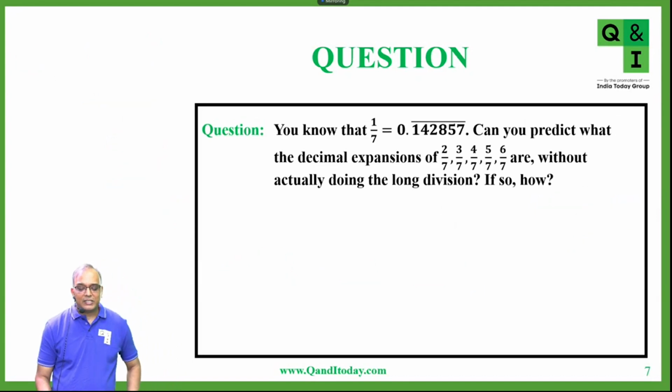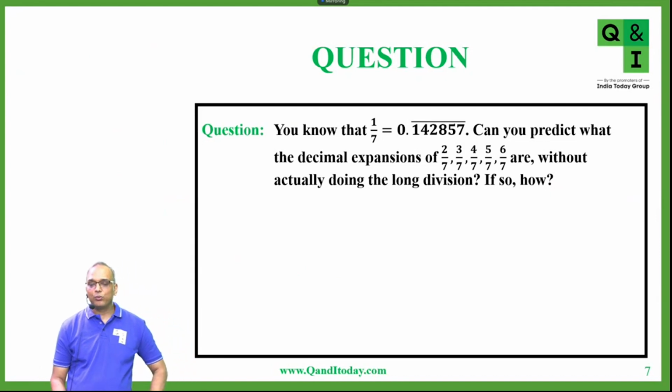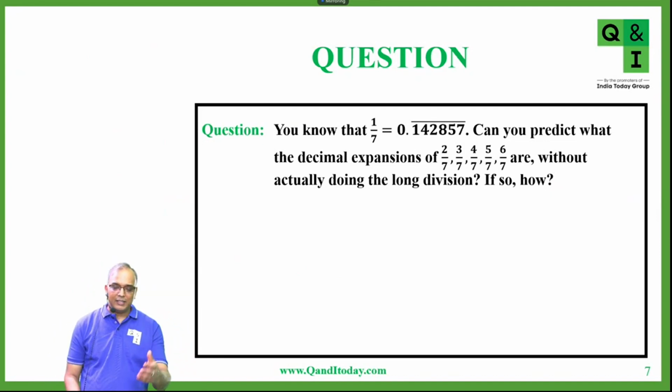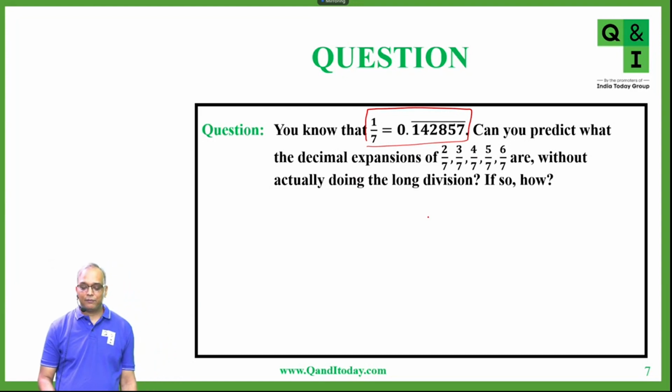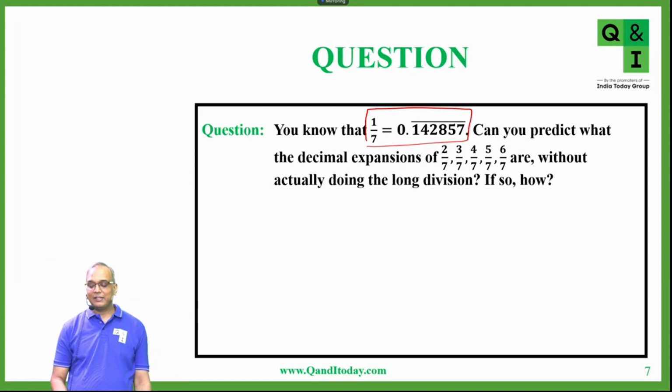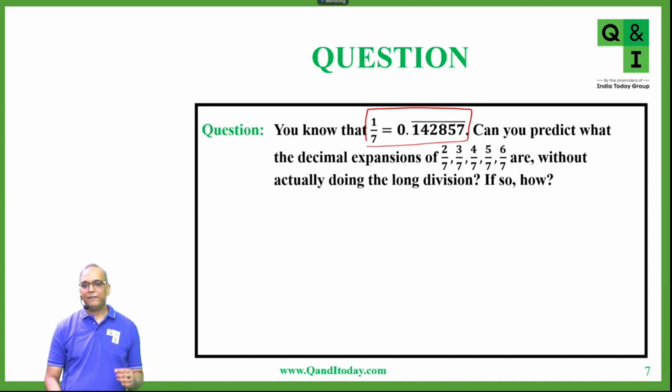Now in this question, you know that 1 by 7 is 0.142857. We just saw it. We divided it and we got this 1 by 7 is this, right? Can you predict what the decimal expansion of 2 by 7, 3 by 7, 4 by 7, 5 by 7, 6 by 7 are without actually doing the long division? If so, how?